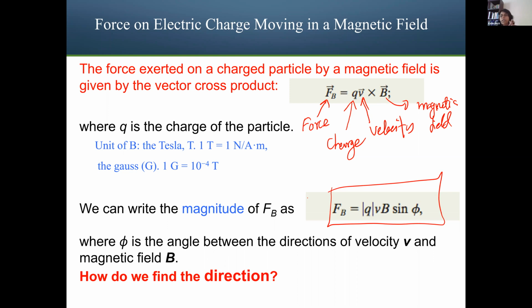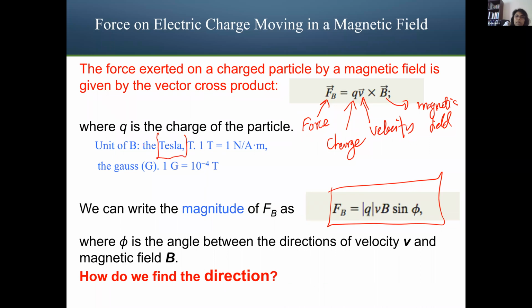If there is a charged particle moving with some velocity within a magnetic field, then that particle has a magnetic force. The magnitude I can calculate using this formula. Force is measured in newtons, charge in coulombs, velocity in meters per second, and magnetic field units will be tesla.